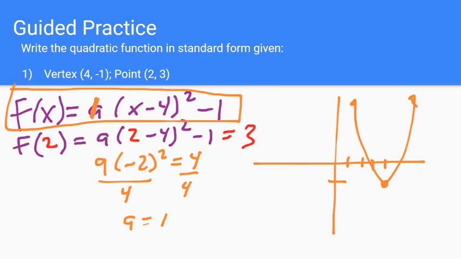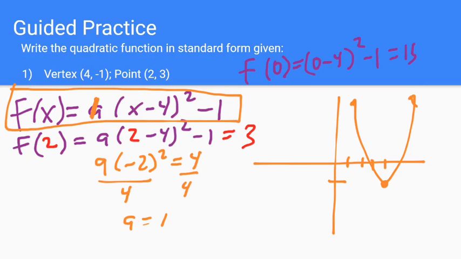Now if you did have to find another point, I would say plug something easy in, like 0. So let's say f of 0, the y-intercept, would be at 0 minus 4 squared minus 1. So that would be 16 minus 1 is 15.